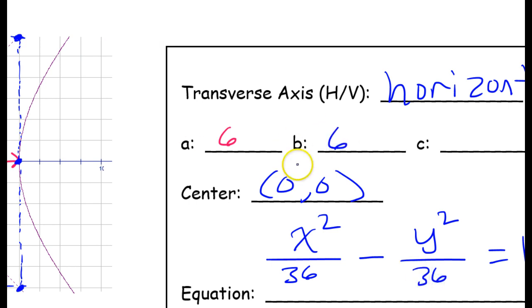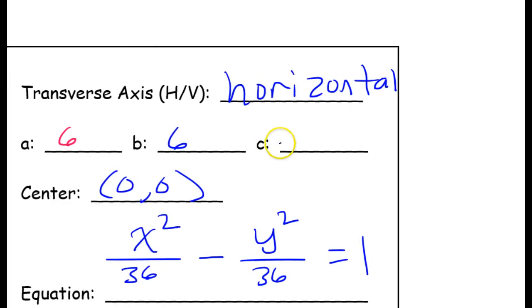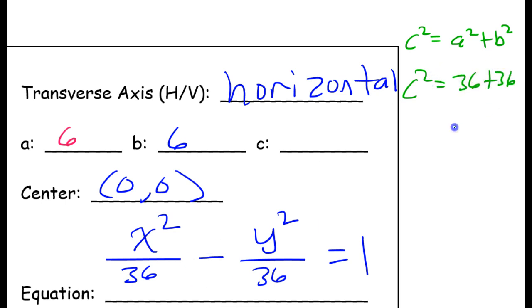Okay, so a and b are both 6. We still need to find the c value. Just remember that c squared is equal to a squared plus b squared. So c squared is going to equal 36 plus 36, so c squared is going to equal 72.